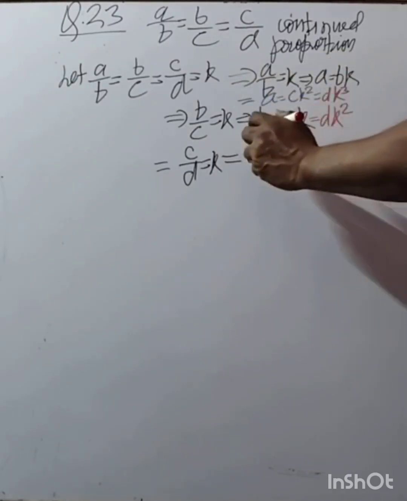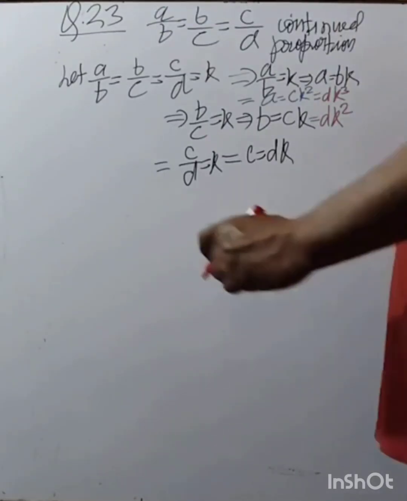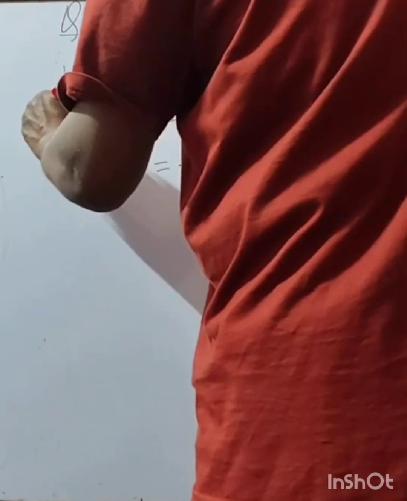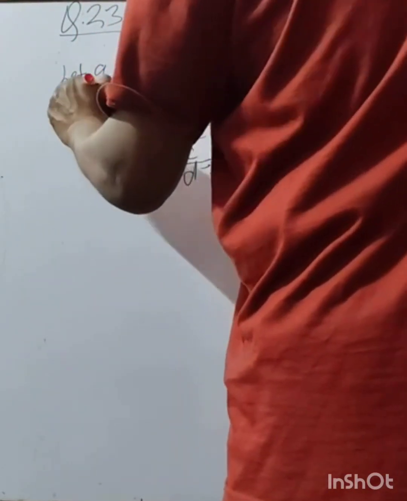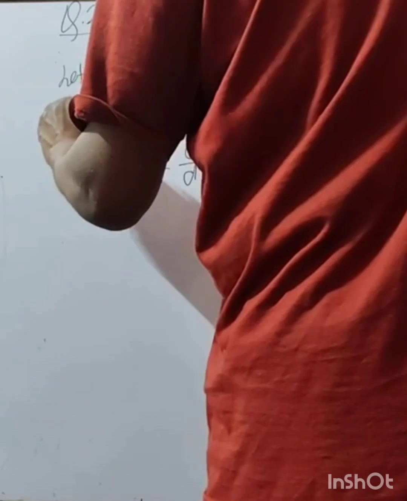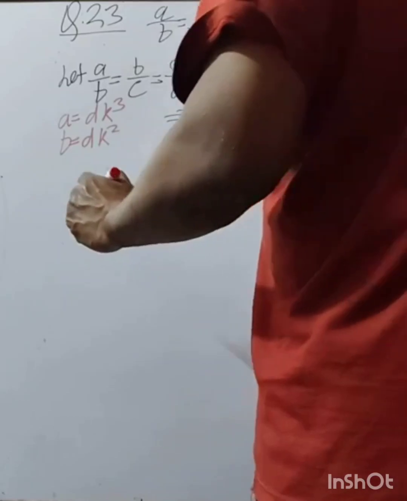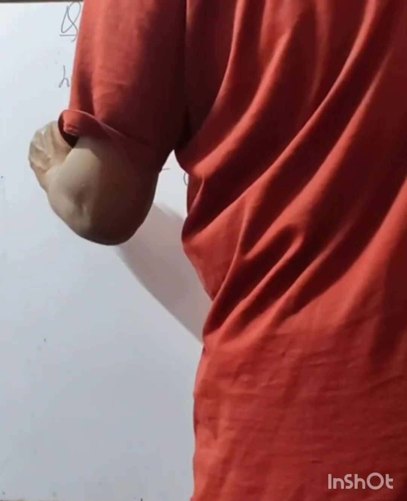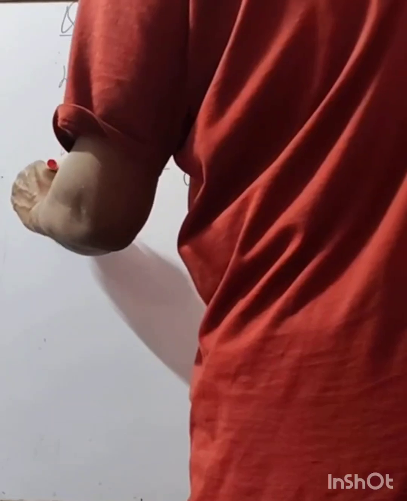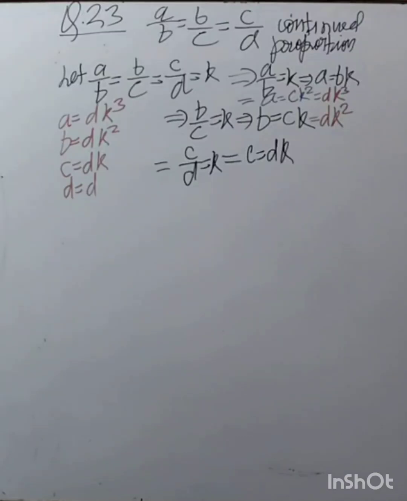So A is equal to DK cube, B is equal to DK square, C is equal to DK and D is equal to D. No issue?